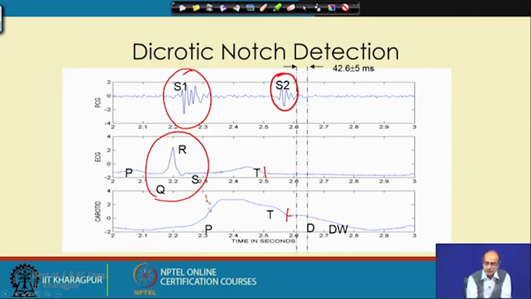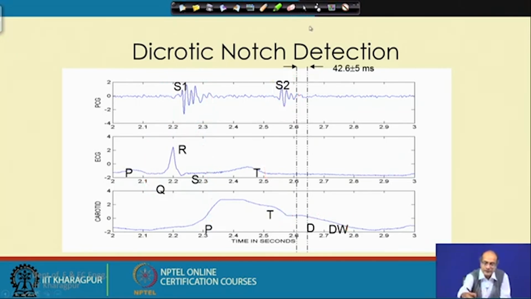So, we can say this part of the pressure is the systolic pressure, and this part is the diastolic pressure. In between, if we can catch the position of this notch in the carotid pulse, it can help us get the location of the S2 signal in the PCG signal. So, that is the importance of the carotid pulse signal and the notch. These two are very close to each other.